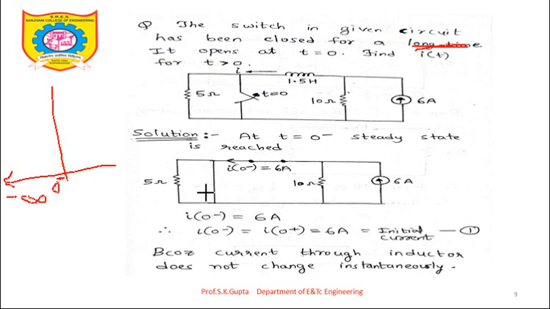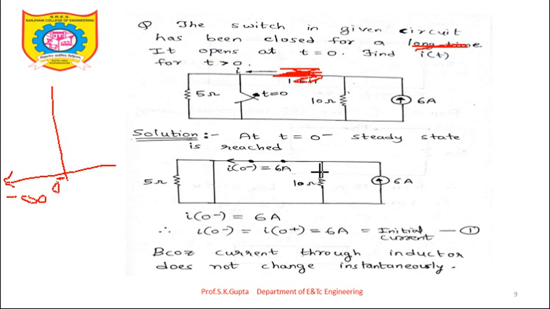Okay, so my circuit is in steady state. This is t equal to 0 minus. The switch was closed. It was given in the data that the switch has been closed for a long time. Okay, and in steady state, what is the behavior of inductor? Short circuit. In steady state, inductor acts as a short circuit. Okay, so I have made inductor short circuit.